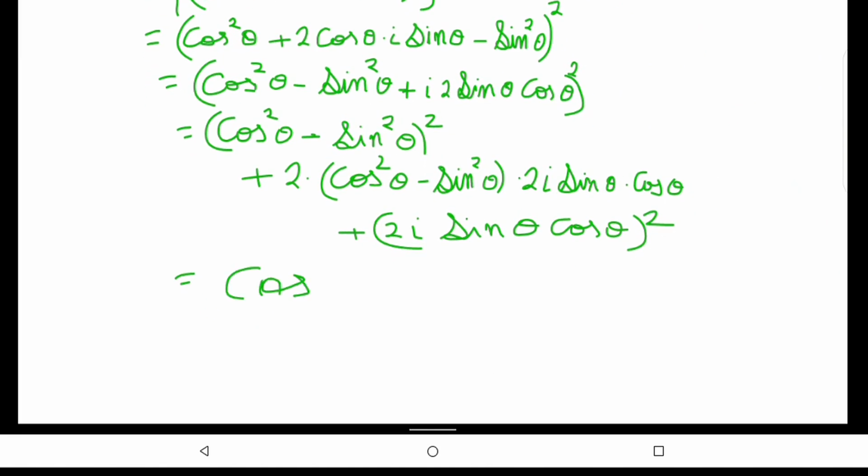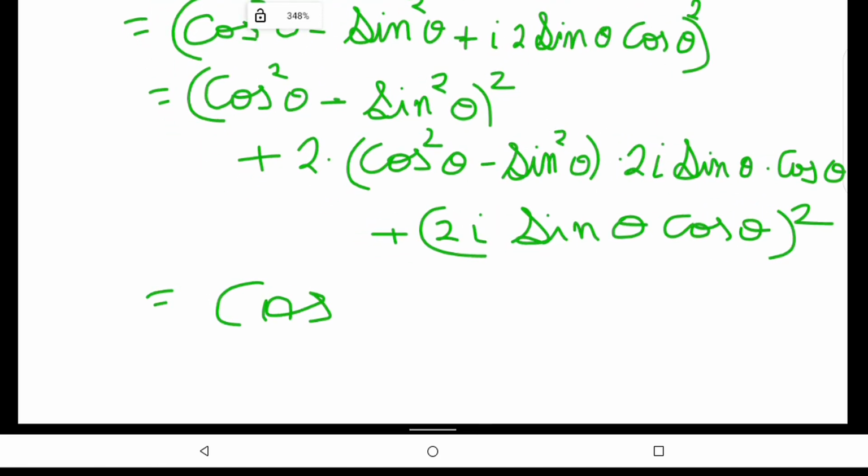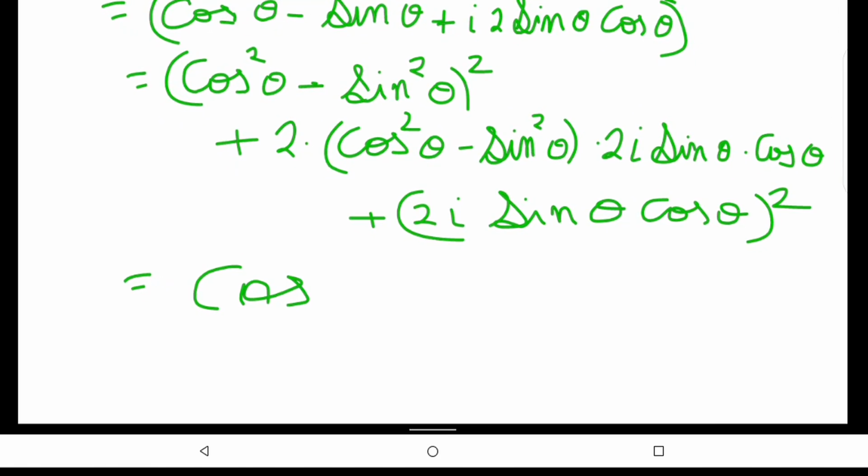We have got the expression (cos square theta minus sin square theta) whole square.